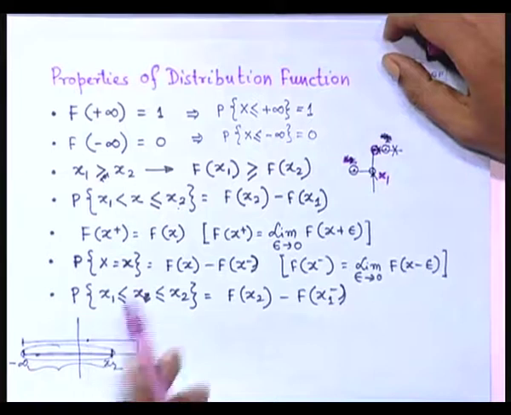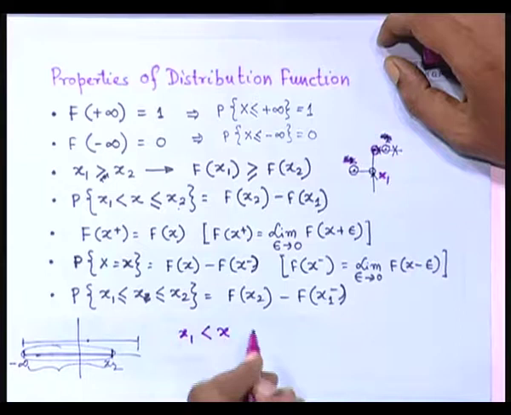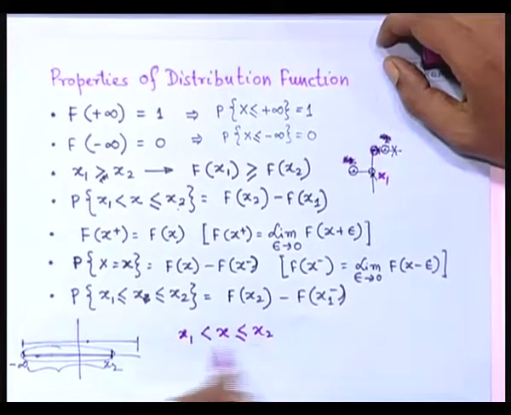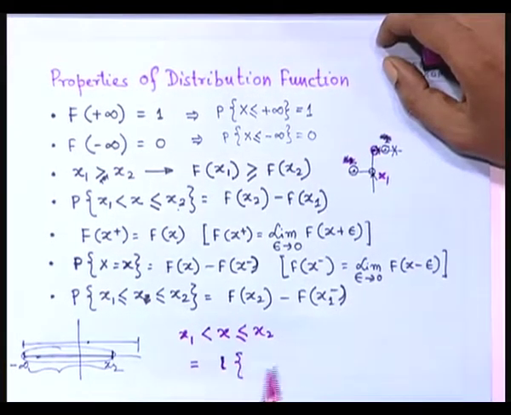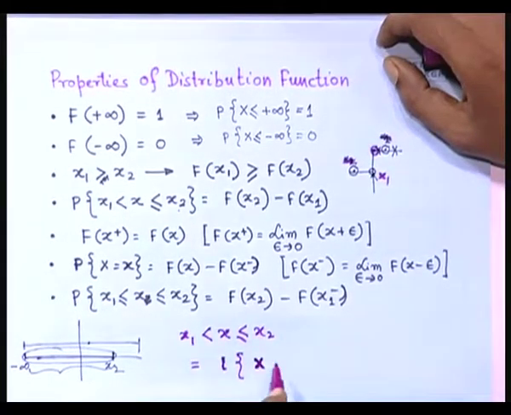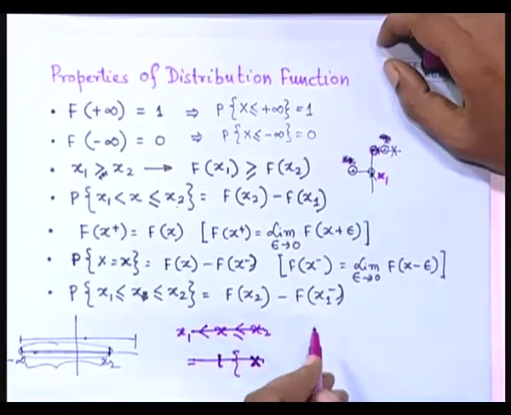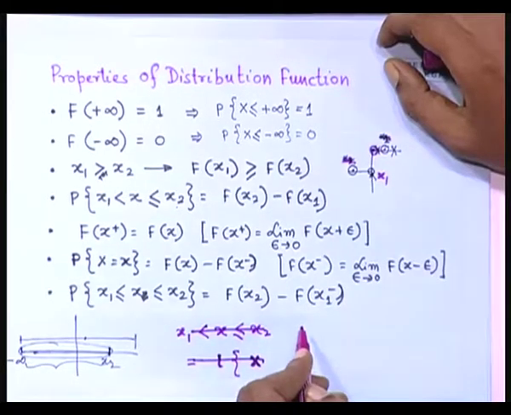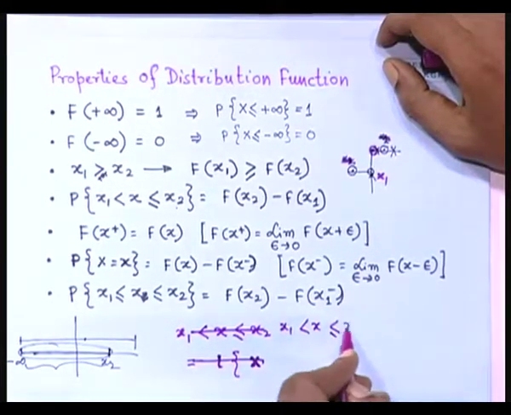Why? Because this interval can be written as, suppose let us take the interval x1 to x2.